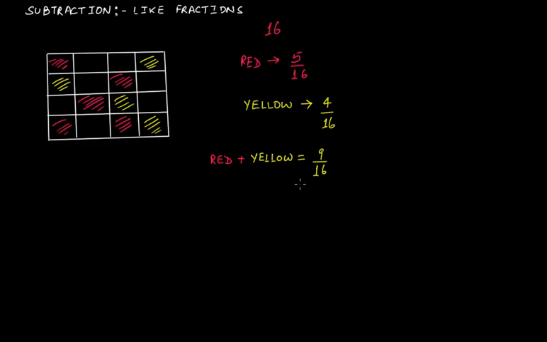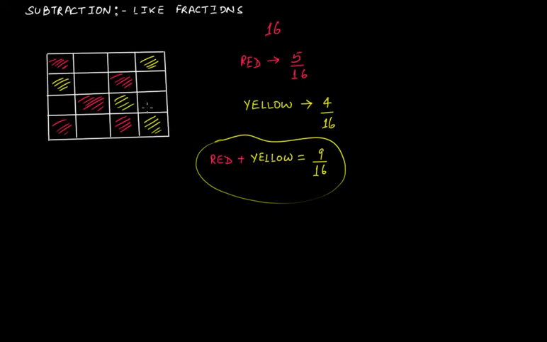And this is what we discussed in our video lecture on addition of like fractions. Okay, but this time we have to concentrate on subtraction. So this is the combined fraction of red plus yellow, the fraction of the shaded portions of the whole.